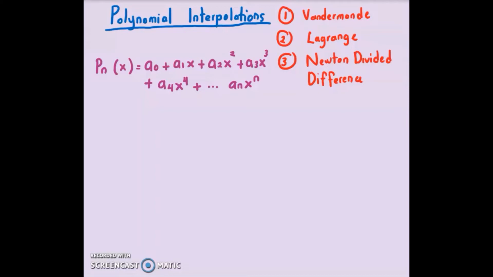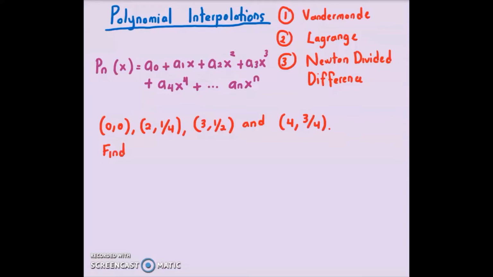Let's say you have a set of data given as (0, 0), (2, 1/4), (3, 1/2), and (4, 3/4). Now the question is, find the polynomial.